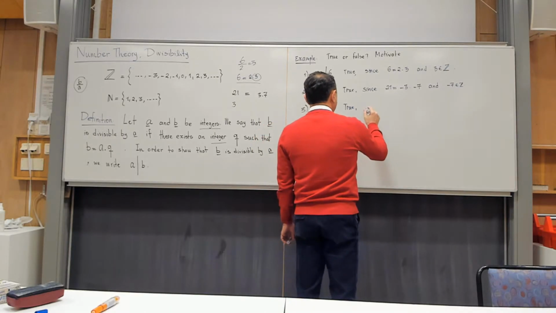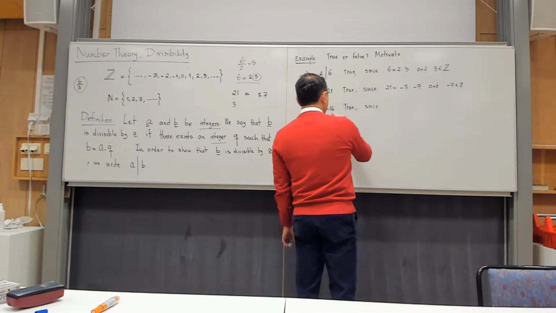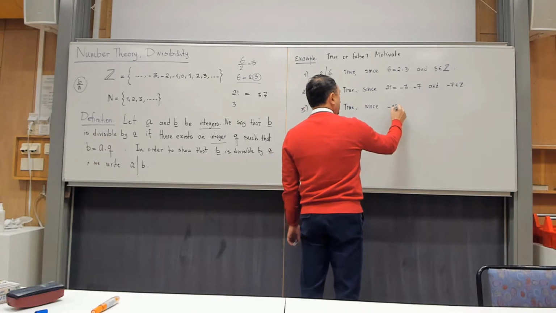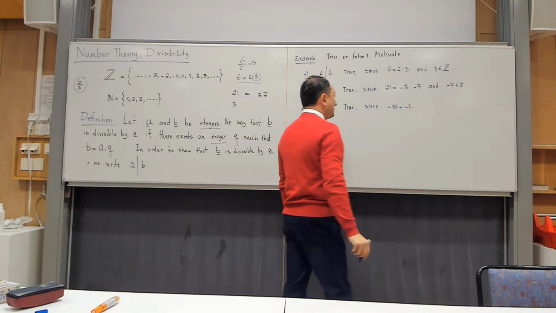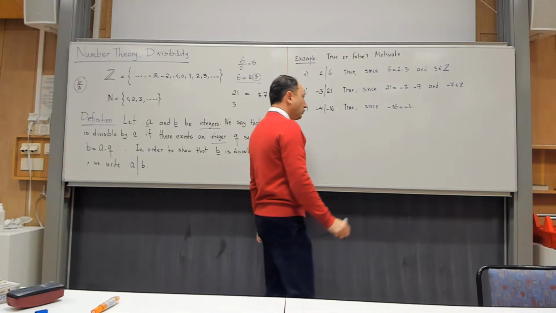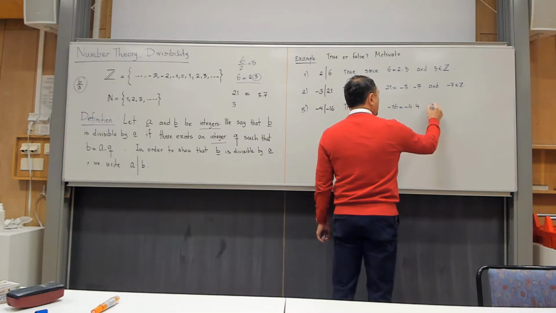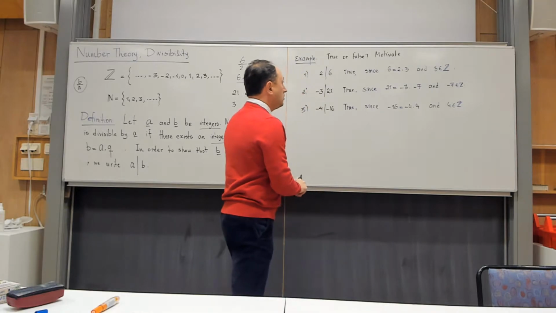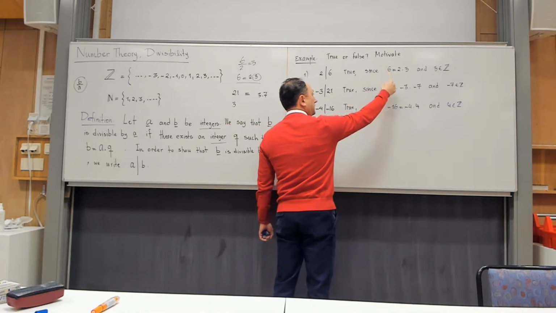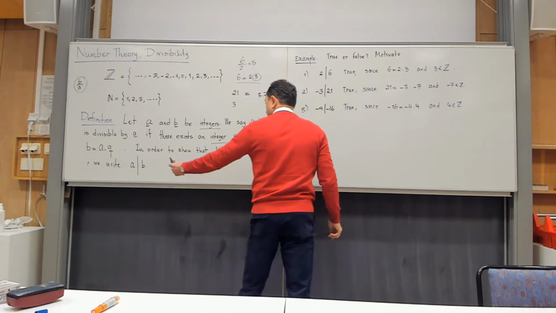So true, since the number on the right is equal to the number on the left multiplied by 4, and this 4 belongs to Z. So in all these cases, the number on the left is playing the role of a.